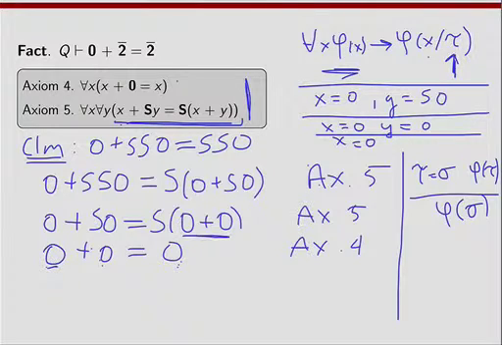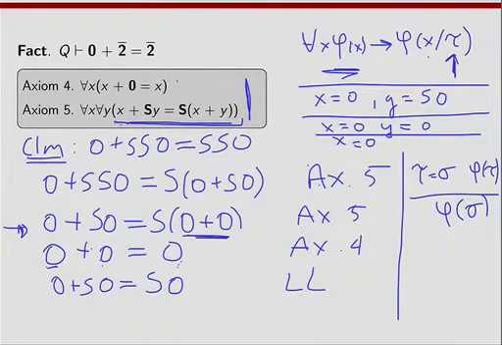In this formula, I can replace 0 plus 0 with whatever it's equal to. So 0 plus successor of 0 must be equal to successor of 0, replacing 0 plus 0 with 0. I'll write LL for Leibniz's law. Now I want to do that again.